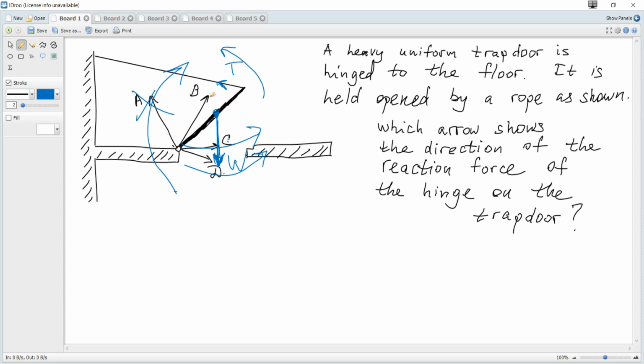And if we consider the force to be B, you can see that B provides a clockwise torque or moment of force, and this anti-clockwise moment will be balanced by this clockwise moment. Since it's the only clockwise moment, we can conclude that the reaction force is B.